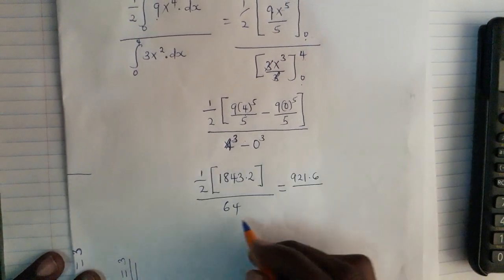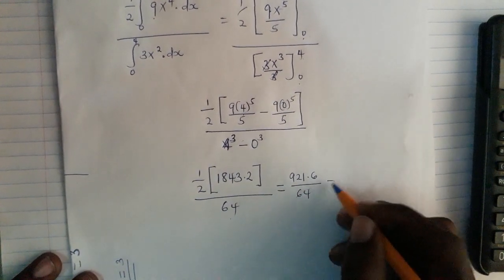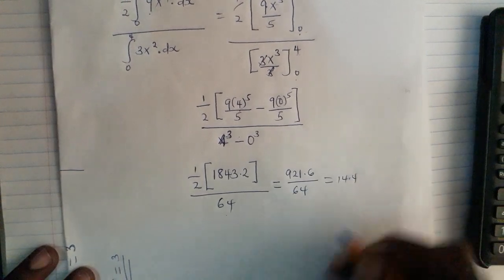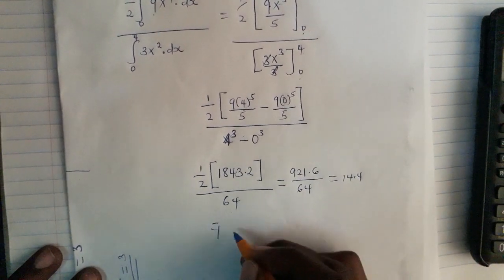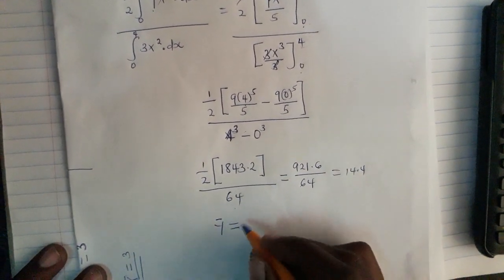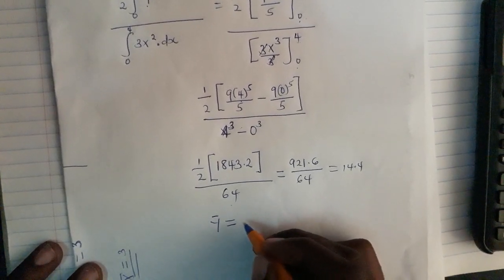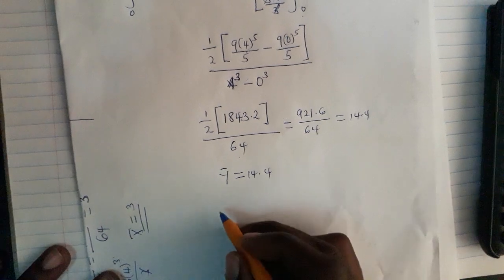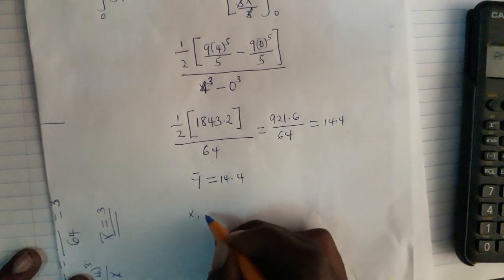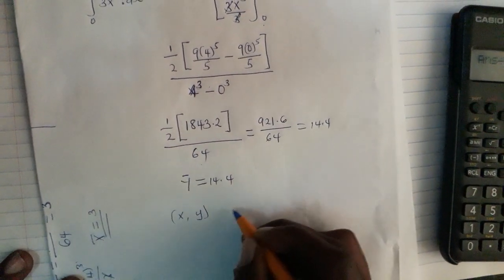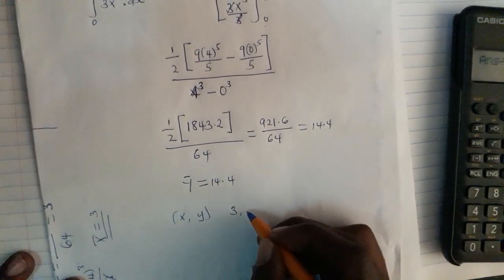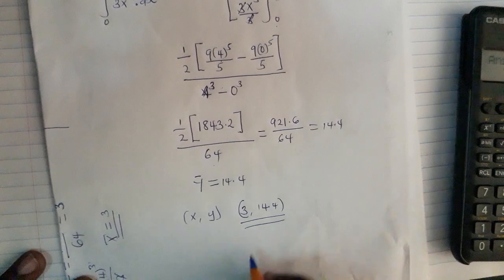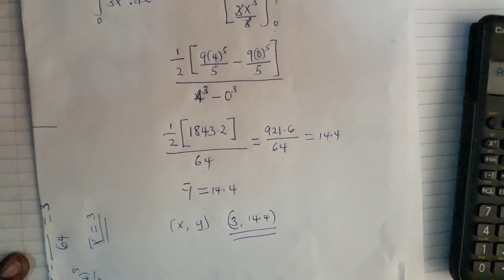And then you divide by 64. If you divide by 64, you get 14.4. So our y bar, or our y coordinate, is 14.4. So the coordinates of the centroid, x and y, are: our x is 3 and our y is 14.4. So this one now becomes our final answer.